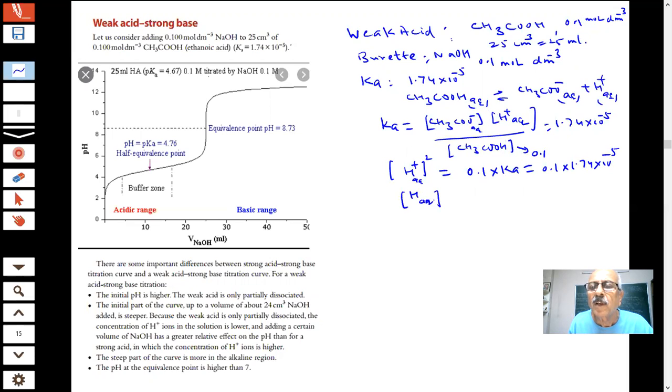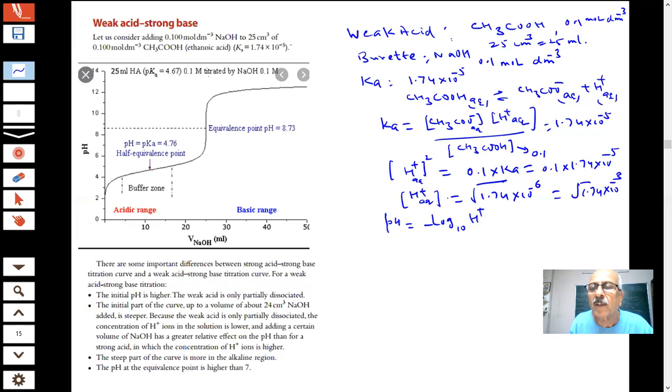The square root of this value, the square root of 1.74 into 10 minus 6. This will give me the H plus concentration, 1.74 into 10 minus 3 under the square root. Then the pH will be minus log base 10 of H plus.